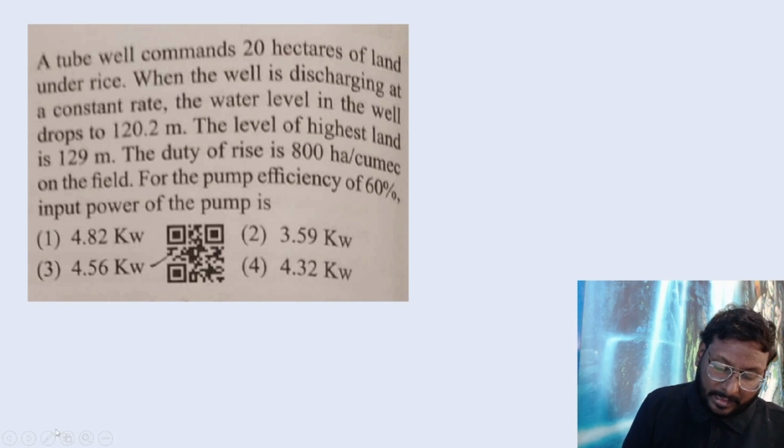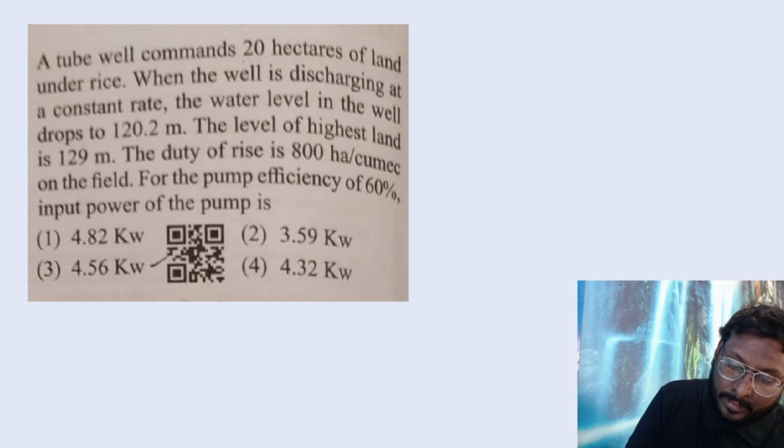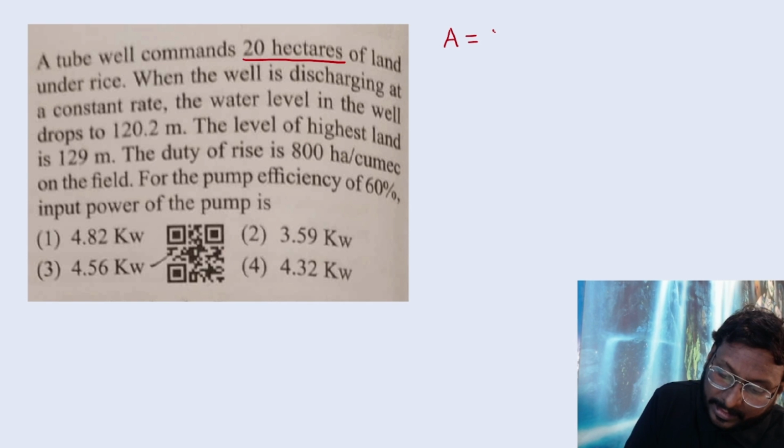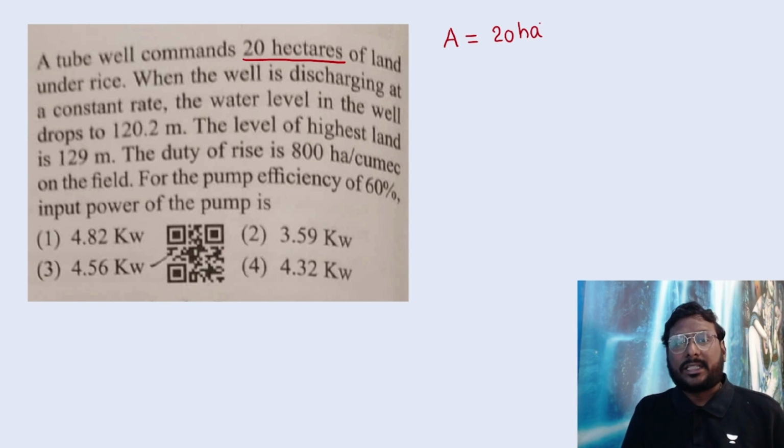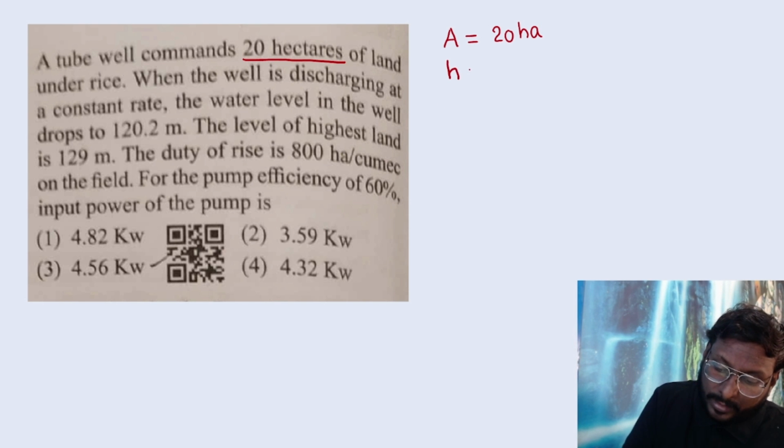A tube well commands 20 hectares of land area. When the well is discharging at a constant rate, the water level in the well drops to 120.2. The level of the highest land is 129.